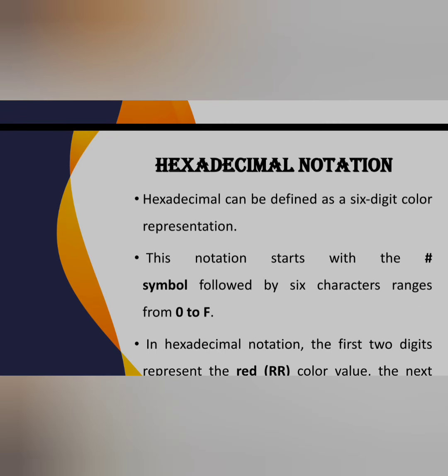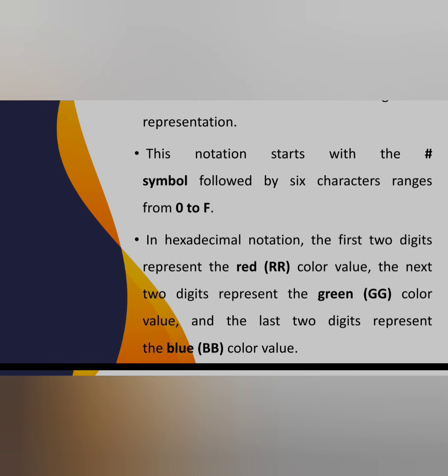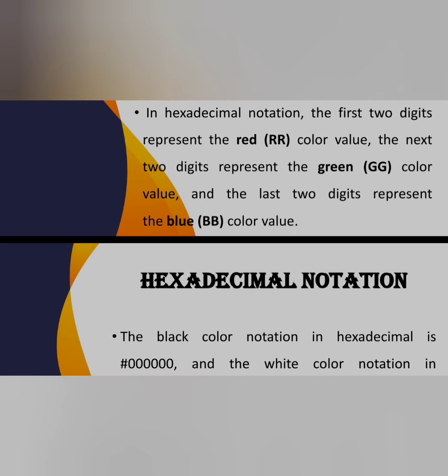Hexadecimal notation. The hexadecimal notation can be defined as a 6-digit color representation. These notations start with the # symbol followed by 6 characters ranging from 0 to F. In hexadecimal notation, the first 2 digits represent the red (RR) color value, the next 2 digits represent the green (GG) color value, and the last 2 digits represent the blue (BB) color value.